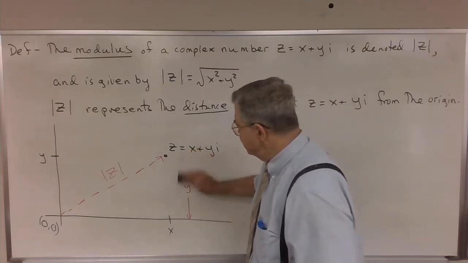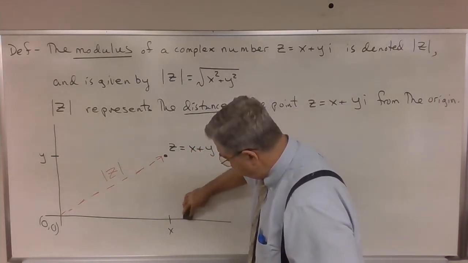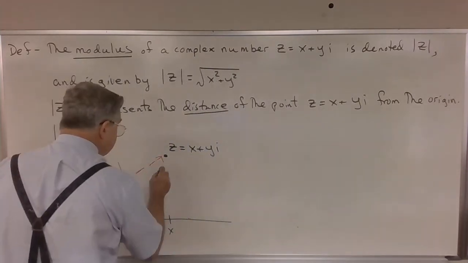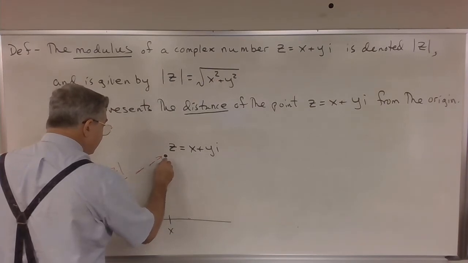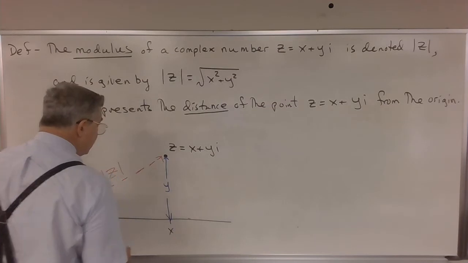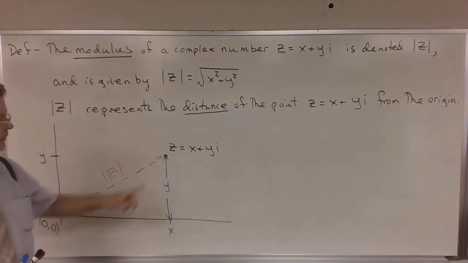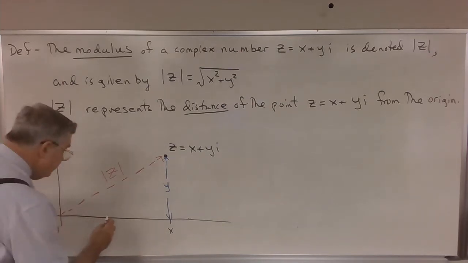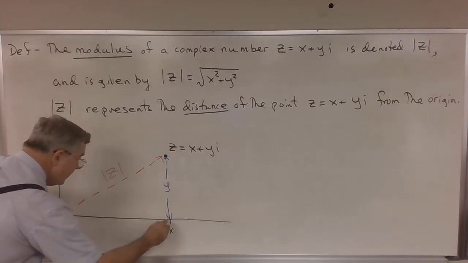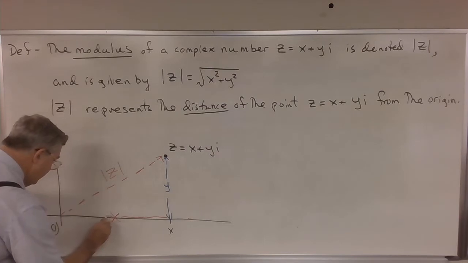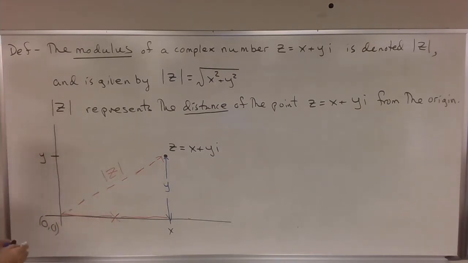Just to make it make more sense visually, I'm going to draw it this way. So y is the distance of the point from the x-axis, and x is the distance of the point from the y-axis.